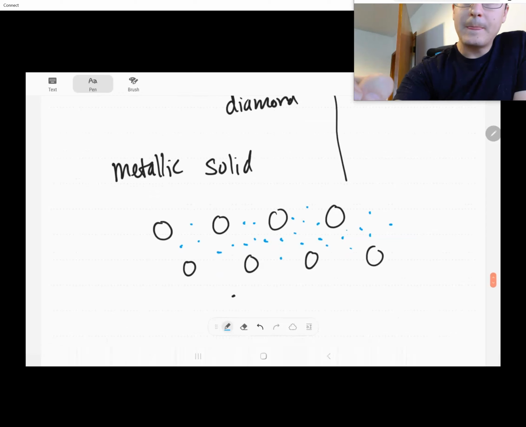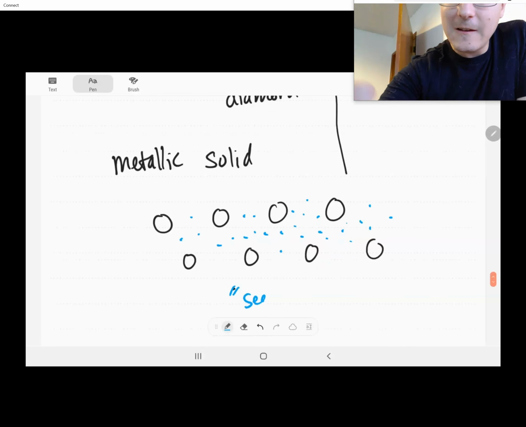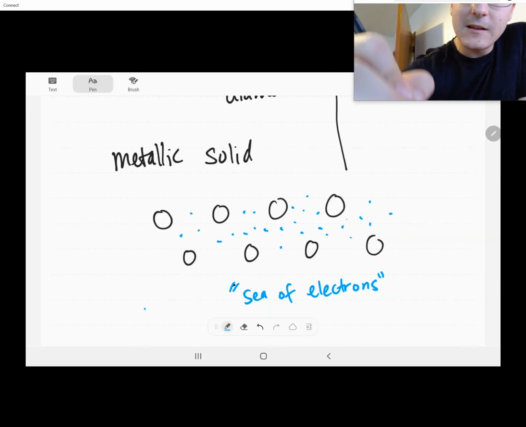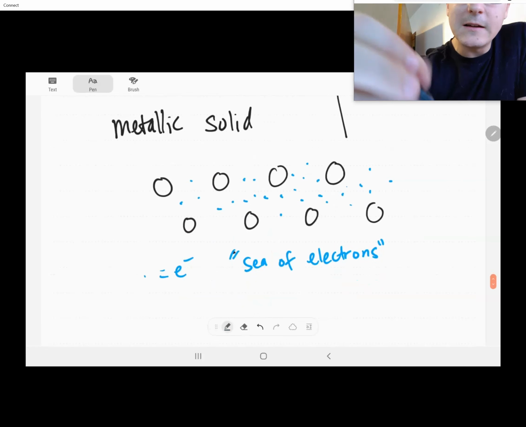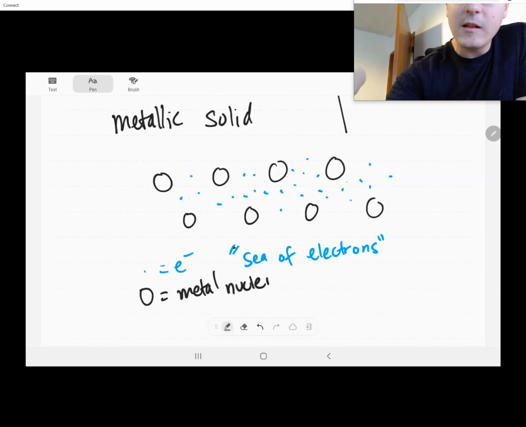And so we often describe metals as solids, as in you have a piece of aluminum or something, as a sea of electrons. Where these things are electrons, and these things are, let's say, metal atoms.